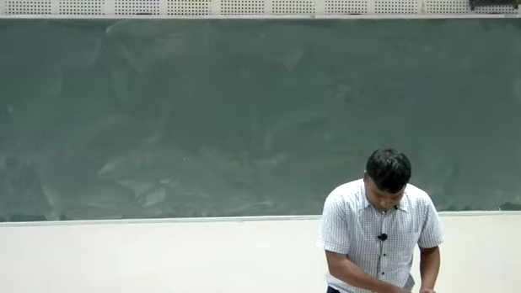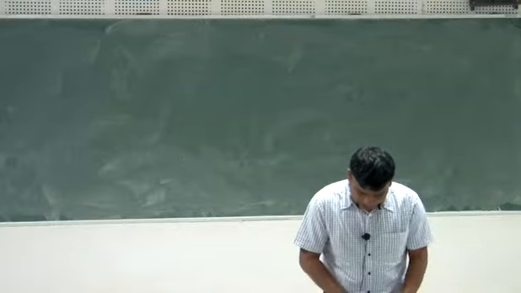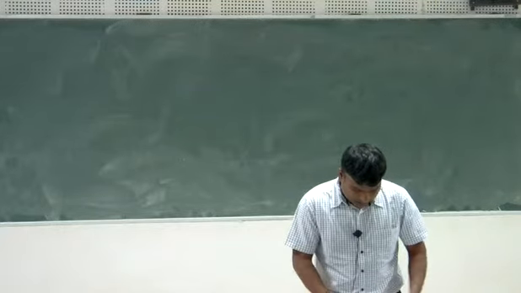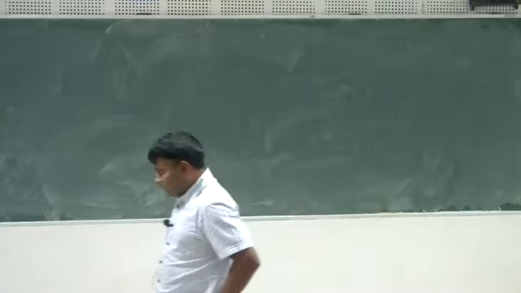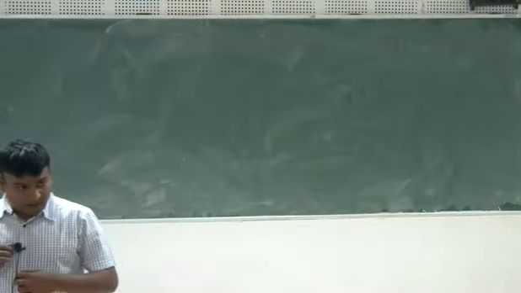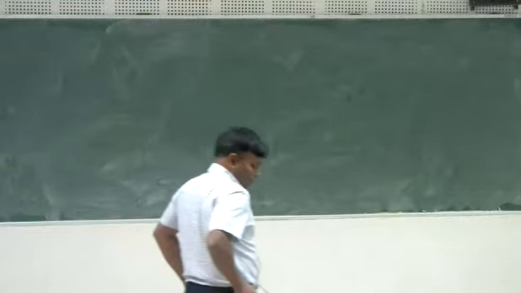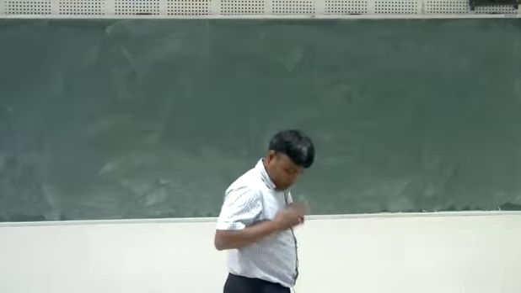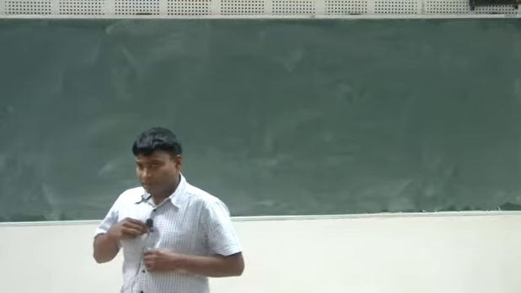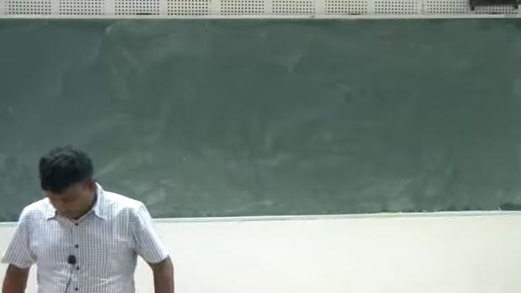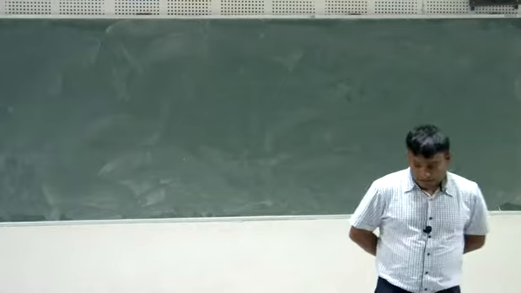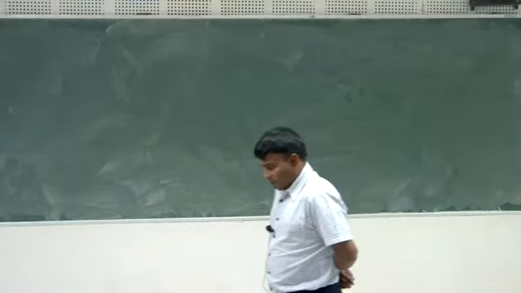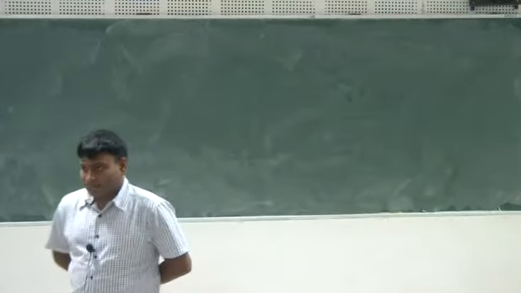So today we will discuss what is called an MMSE DFE equalizer. We will derive the receiver structure, analyze the performance, and analyze the performance for various classes of channels.